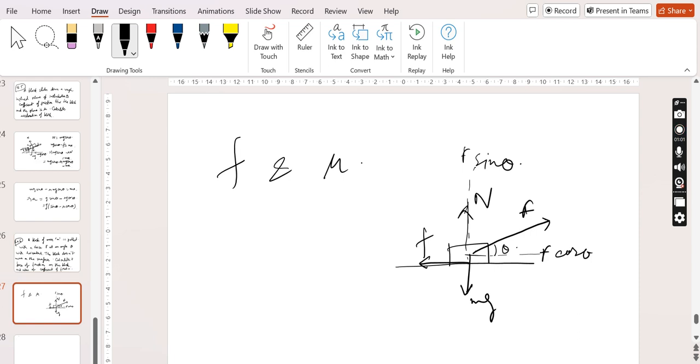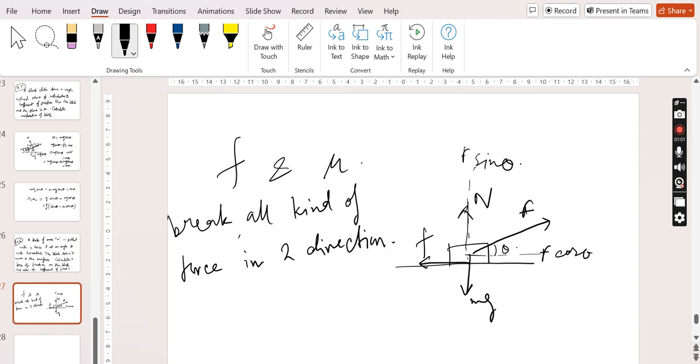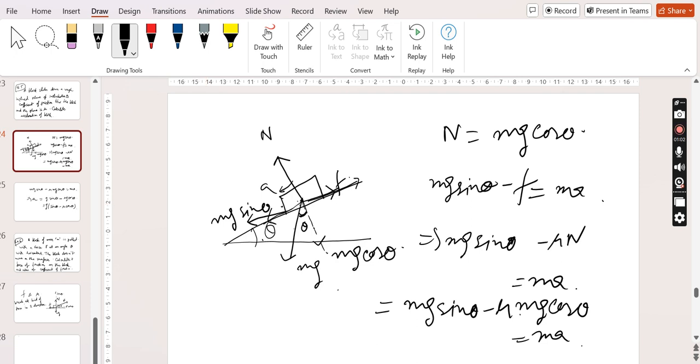So basically, all we have to do is break all kinds of force in two directions and then do the calculation. Here the two directions are x and y. But in this example, we can see the two directions are not x and y.